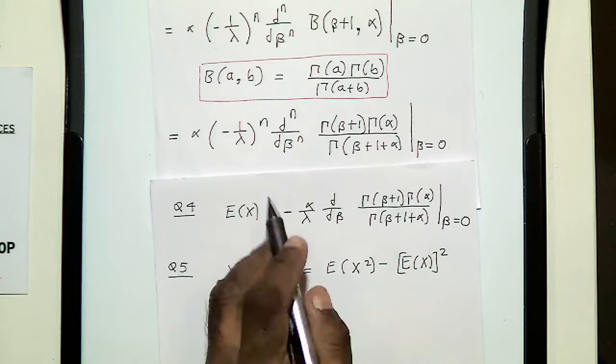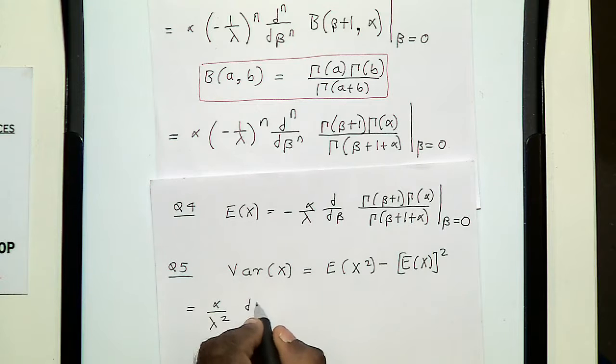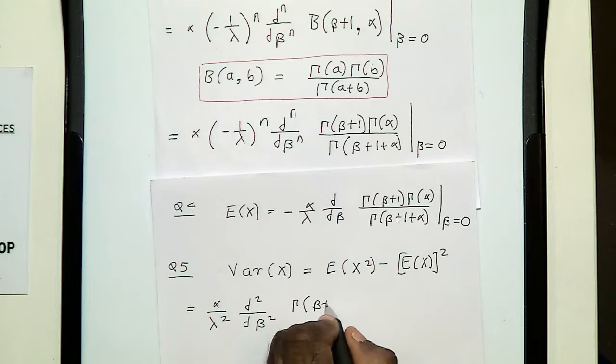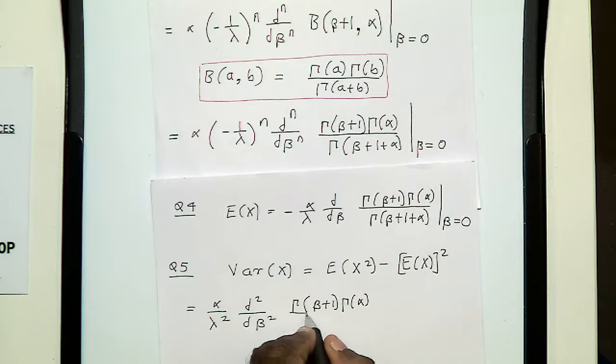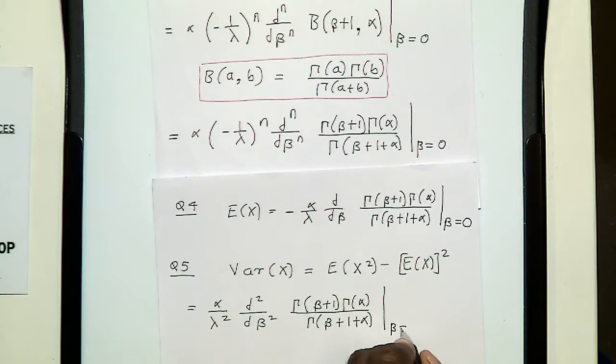If you put n equal to 2, you get alpha divided by lambda squared. Alright, this is what you will get.